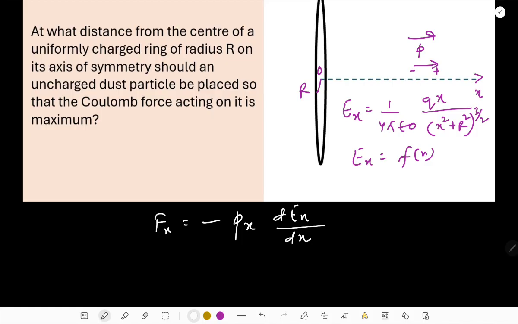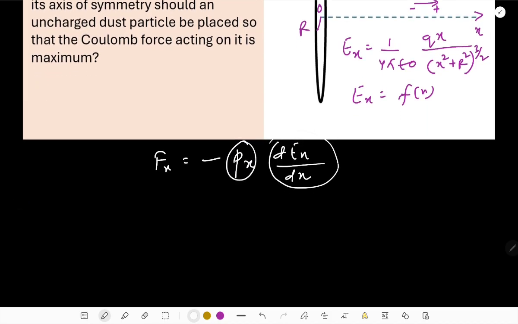And both are in fact variable here, this one and this one. And you can perhaps remember that px is directly proportional to Ex. You must have studied the formula.